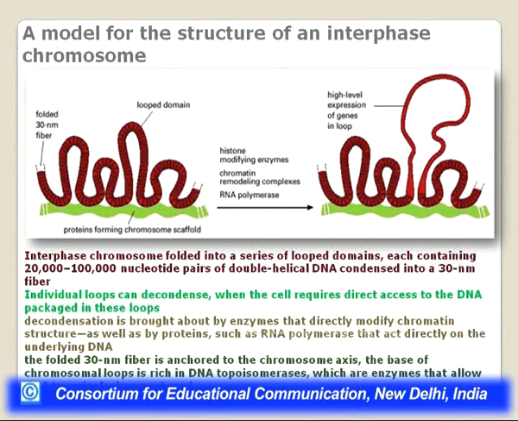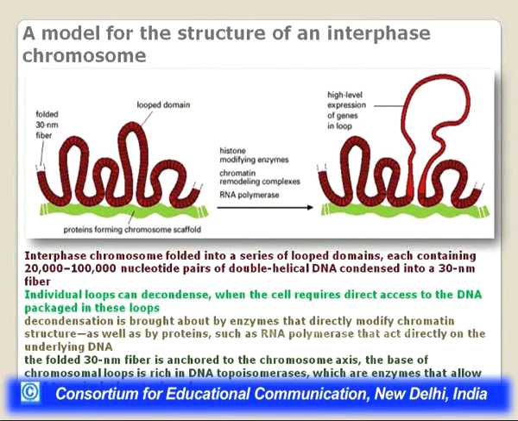The folded 30 nanometer fiber is anchored to the chromosome axis. The base of the chromosome loops is rich in DNA topoisomerases, an important protein for the maintenance of this looped structure, which are enzymes that allow DNA to swivel when anchored. So, when they have to decondense, these DNA topoisomerases play an important role, and structural maintenance proteins aid in forming a compact or condensed state.